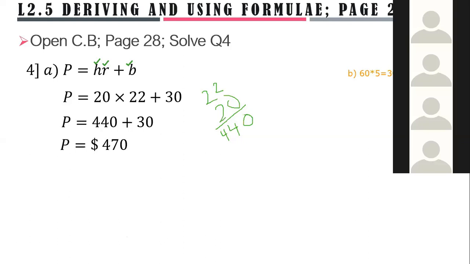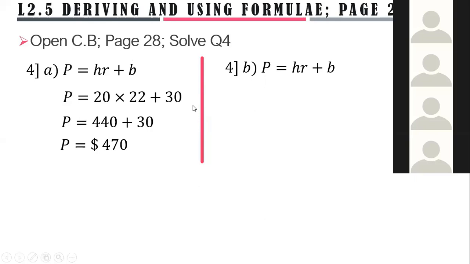Now, next one, Adnan. Part B. Avery works 32 hours at $20 per hour and gets a $50 bonus. So we put P equals HR plus B. The hours is 32. R is the $20.